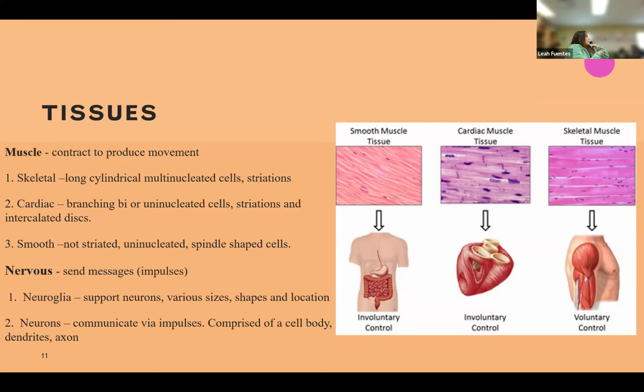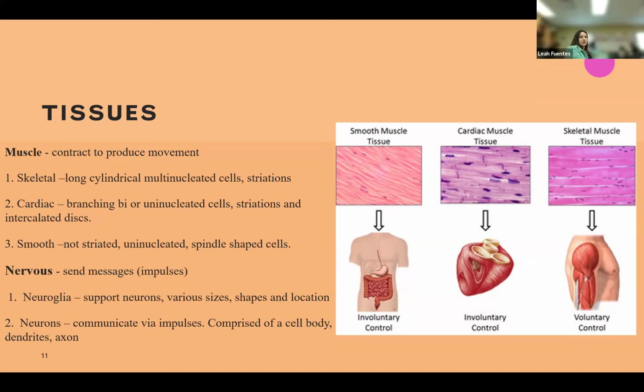Nervous tissue is used to send messages or impulses. You may see it worded like that. This one doesn't usually show up on the first lab exam because we do a whole unit over the central nervous system. But they're made up of neuroglia and neurons, and they look like this over here. If one were to show up on the exam, it would be this middle one here because it has the motor neuron.